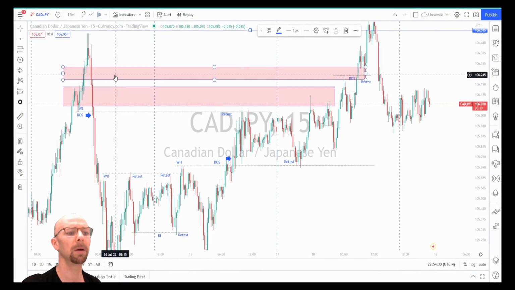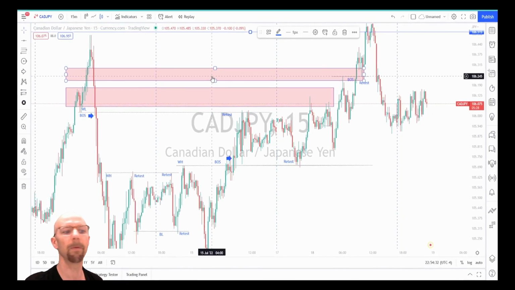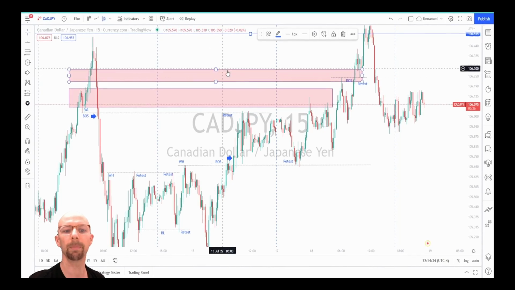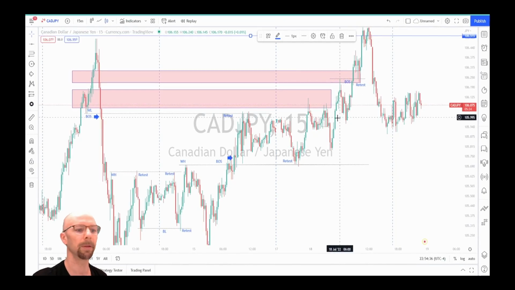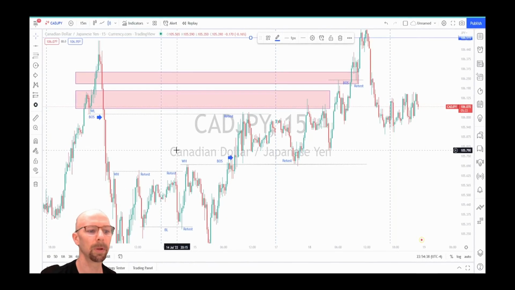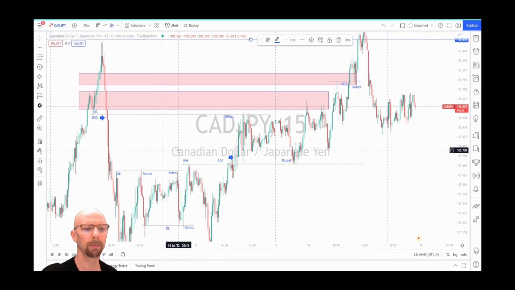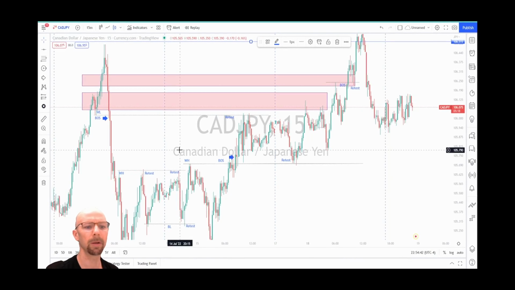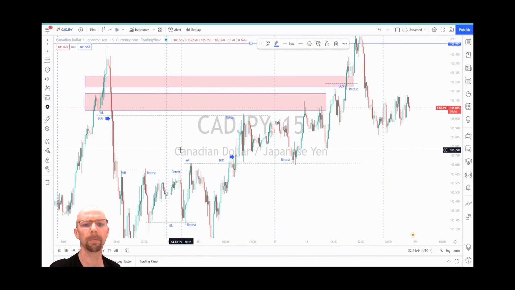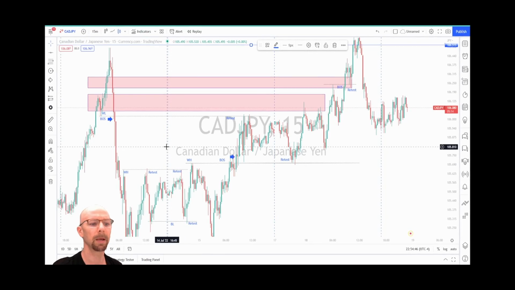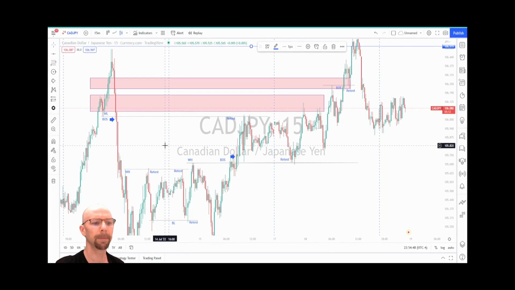But you can see on the 45-minute, it basically filled that whole area in before it decided to go in another direction. So keep that in mind when you're looking at your trading and picking areas. This will be something that you'll need to back test.